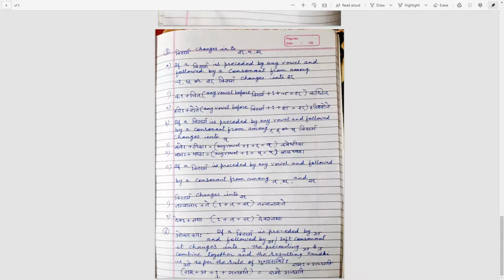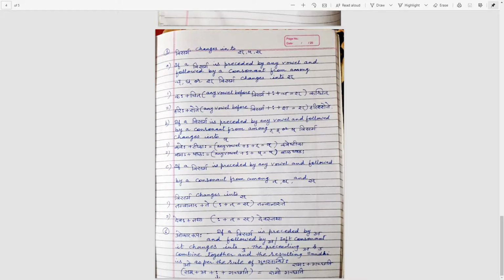For example, Ramah plus Gacchati. Before visarga we have a vowel and after the visarga we have a soft consonant ga. So the a which is before visarga will combine with u. In place of visarga, u will come.